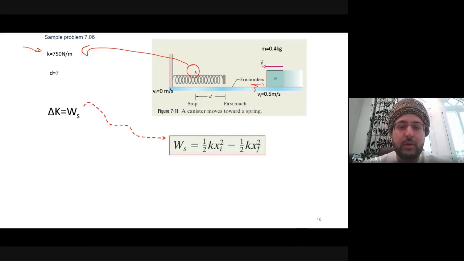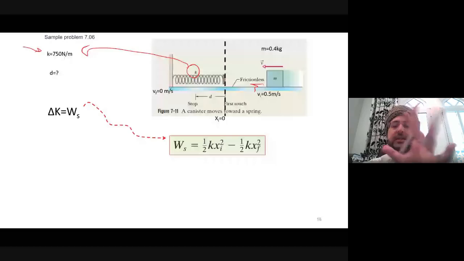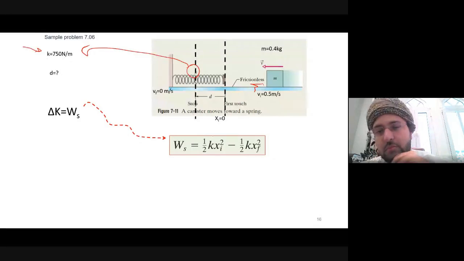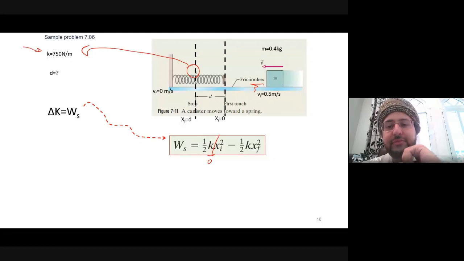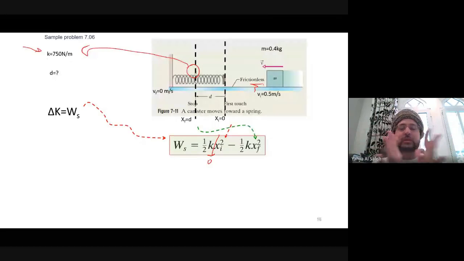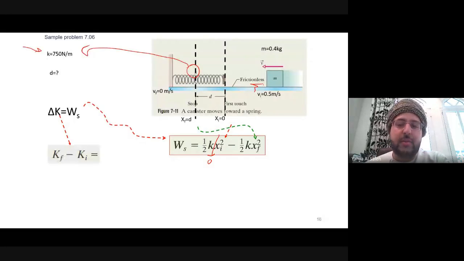The work done on the spring is its initial half kxi squared minus half kxf squared. Kxi is 0. It's already in its natural position, so this will simply go to 0. Kxf is whatever distance we want. So my final kinetic energy minus my initial kinetic energy.